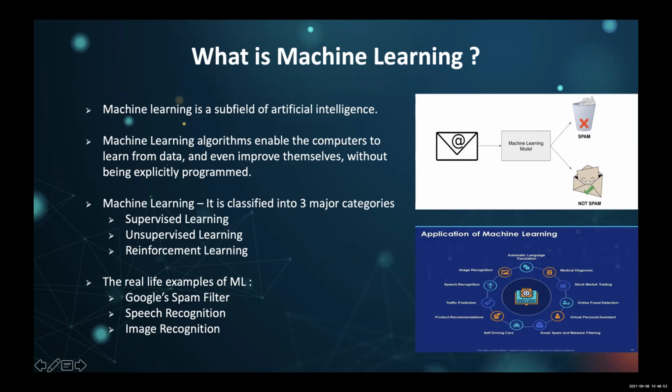The 3 major categories are: number one, supervised learning. When I say supervised learning, I mean we as users give the machine a particular data set which is labeled. The machine uses this labeled data set and predicts the outcome.